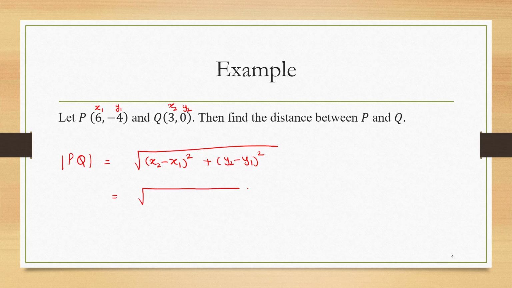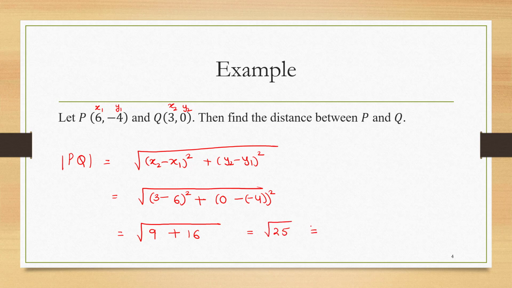That is the square root of (3 minus 6) whole square plus (0 minus minus 4) whole square. That is the square root of minus 3 square, that is 9, plus 4 square, that is 16. 9 plus 16 is 25. The square root of 25 is plus or minus 5. But since we are talking about distance, and distance is always a positive number, we take positive 5. So that's how we calculate the distance between 2 points.